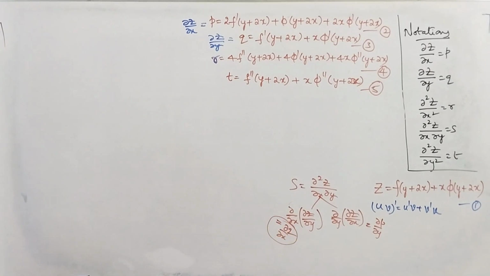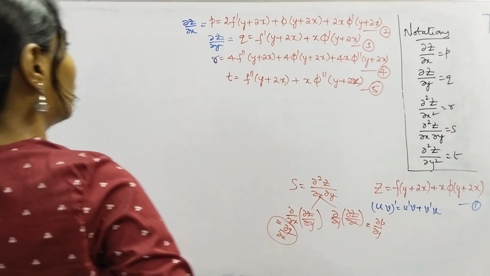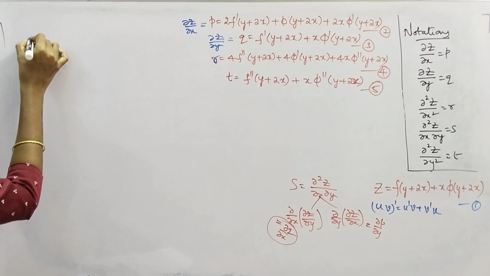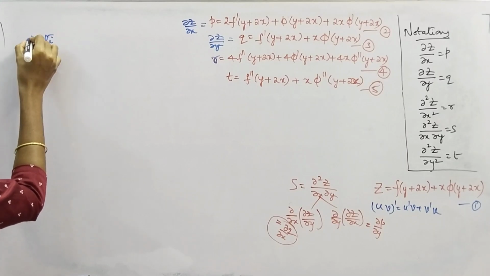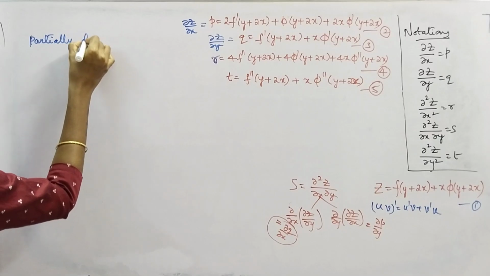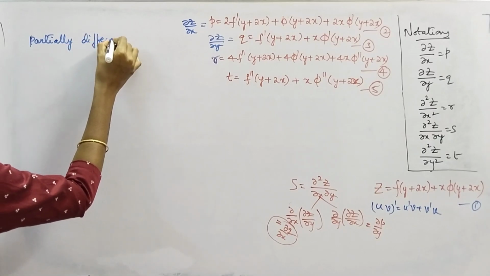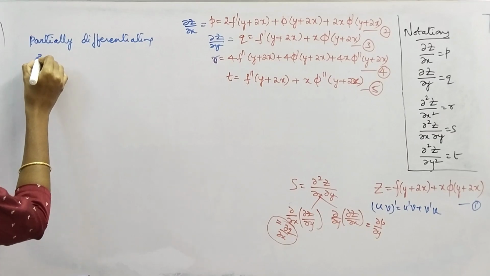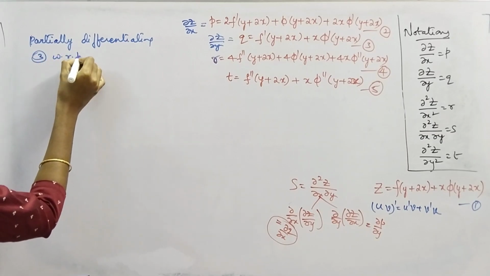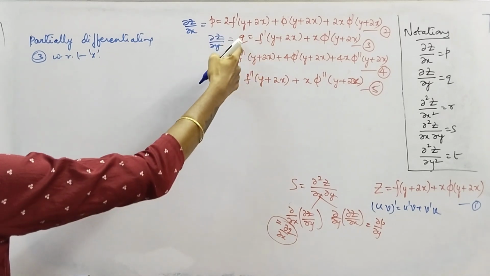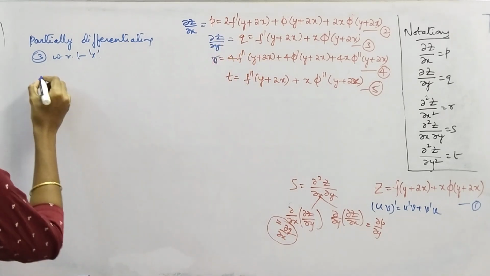I'll pick the equation involving q, that is equation number 3, to find the equation involving s. Partially differentiating with respect to x, just apply ∂/∂x on both sides of 3. So instead of taking q, I'll take ∂z/∂y here.